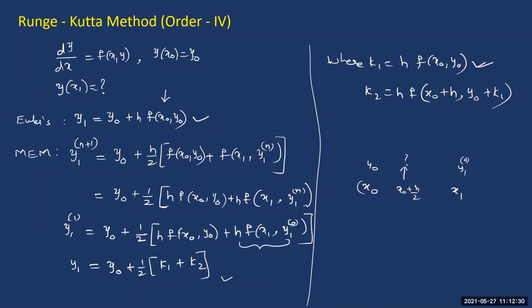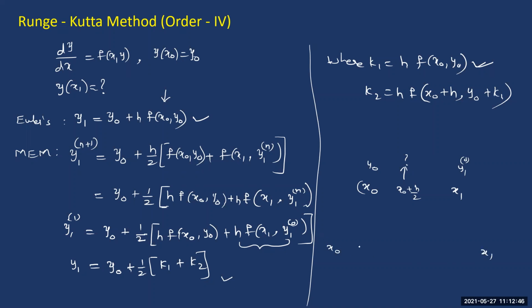But here we are going to discuss Runge-Kutta fourth order method. So intuitively, you can expect that when it is a fourth order method, we are going to take slopes at 4 different points. Let me tell you what those 4 points are. One is x naught, and the last one is x1 for sure.